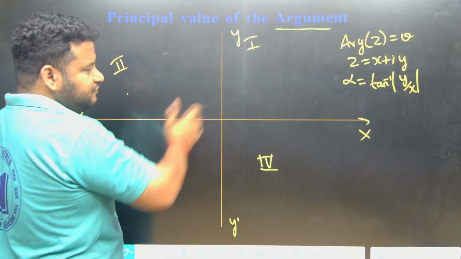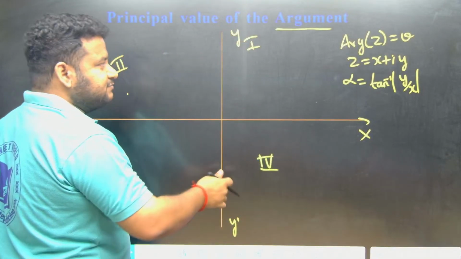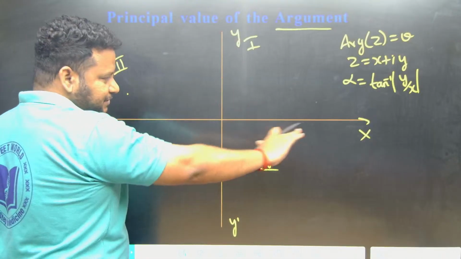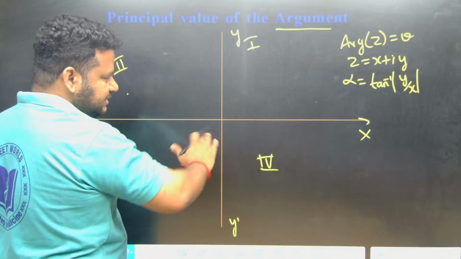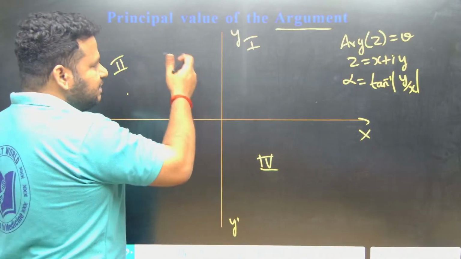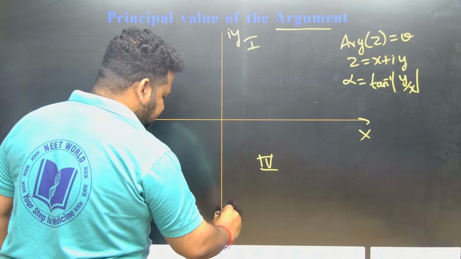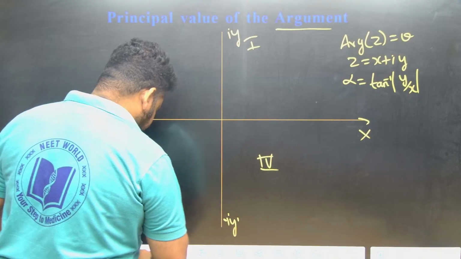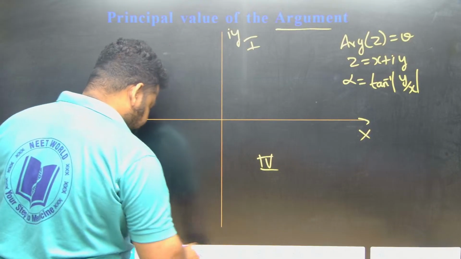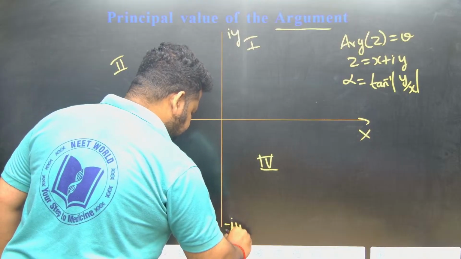But here, instead of the normal coordinate axis, we call it the Argand plane, because here we have the x axis, and the y axis is the imaginary axis, iy. Here it is minus iy. This is iy and this is minus iy.